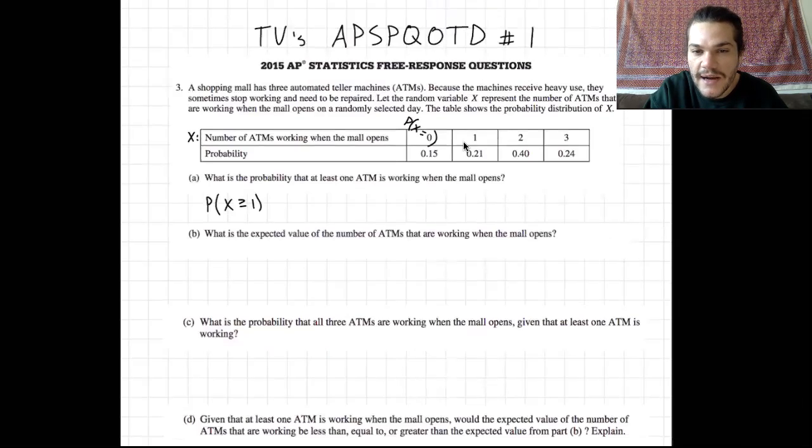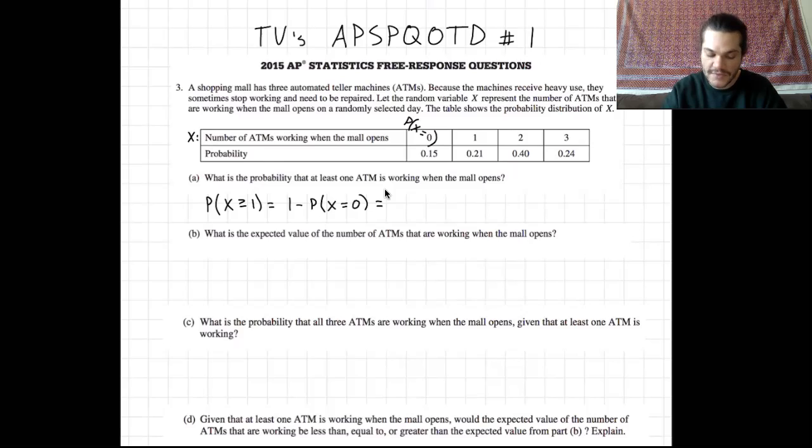That means we can either add up these 3 right here, or that would be the same thing as just taking 1 minus the probability that x equals 0, which is what I'm going to do for fun. So the probability that at least one ATM is working is the opposite of the probability that no ATMs are working. So this would be 0.85.